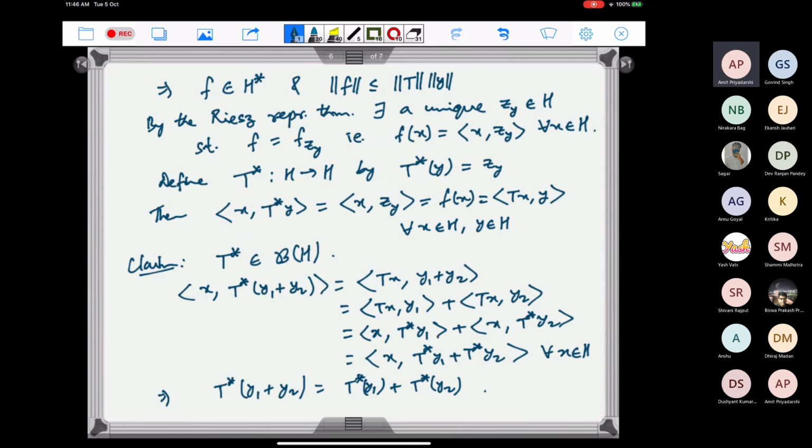We will also show that t star is bounded. In fact, we will show that norm of t star is same as norm of t. So how do we get that? Okay, so let's see.